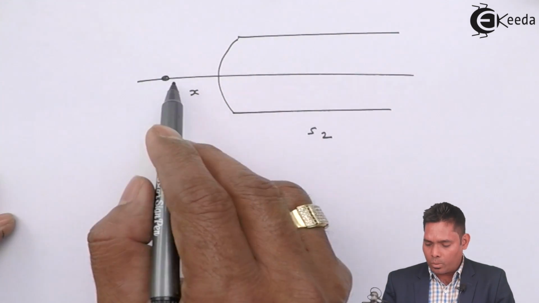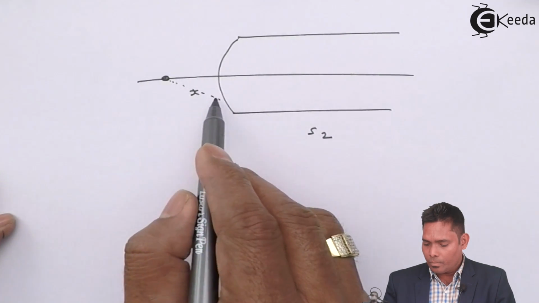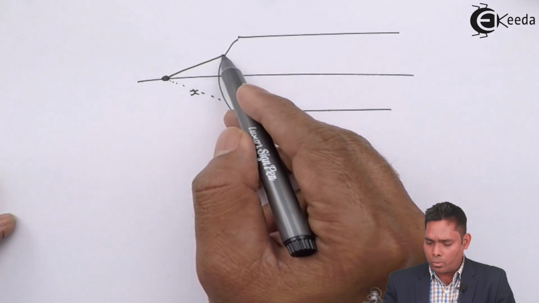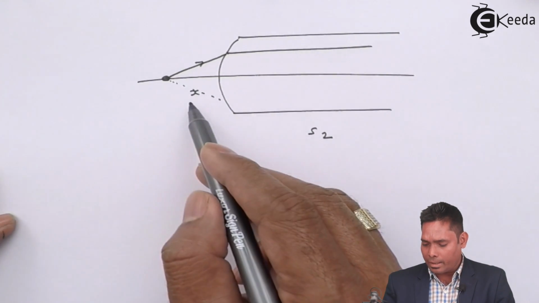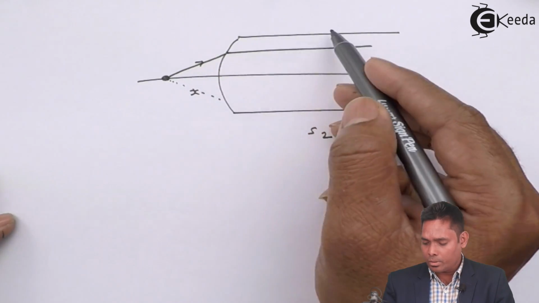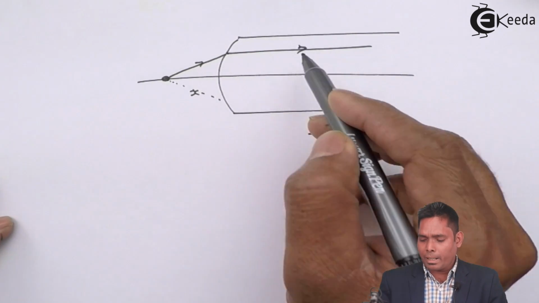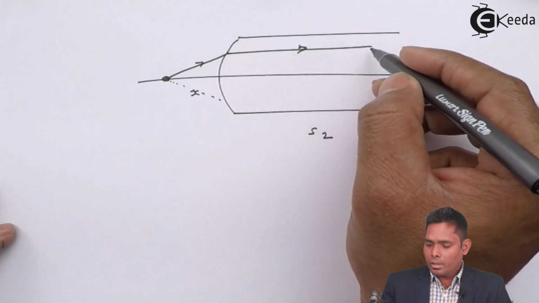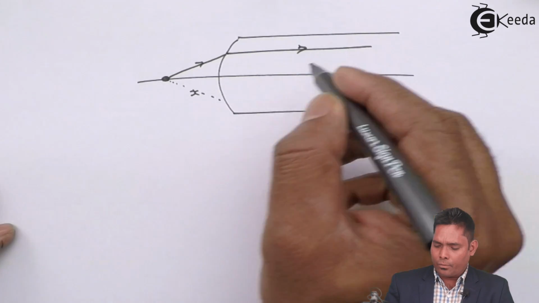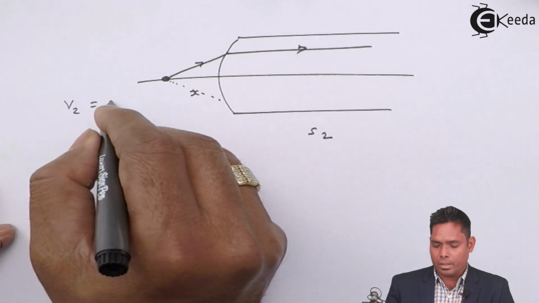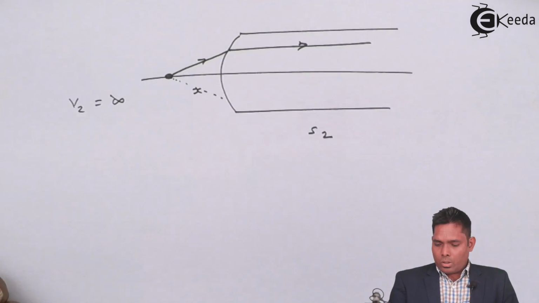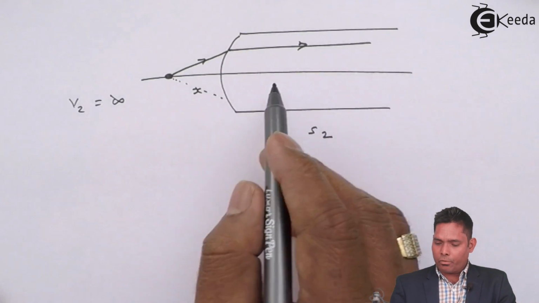Suppose that the ray goes parallel. On this side also you can draw a diagram like this, because the ray has to come like that and like this, so it will go like that. So it is parallel. If this is parallel, then for this case the image formed V2 will be at infinity. So V2 will be infinity.